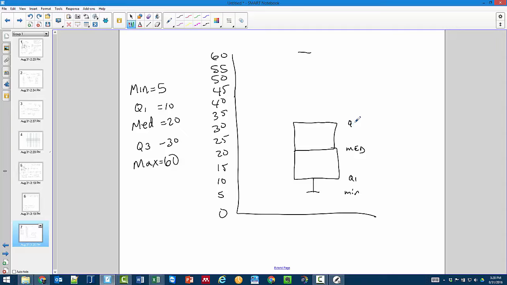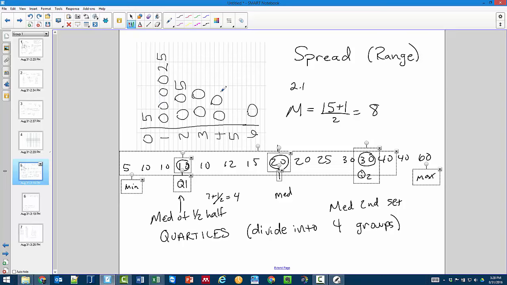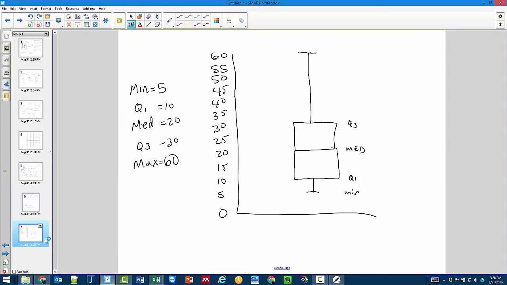There's quartile 3. But notice this long tail here. That kind of helps me to see, as we saw with the stem plot, this data is skewed over to the right. And that's because this long tail has this outlier out there. So that is what a box plot is going to look like.